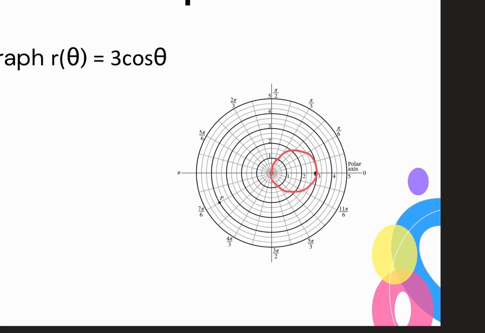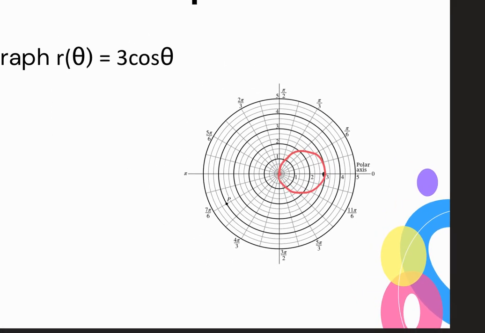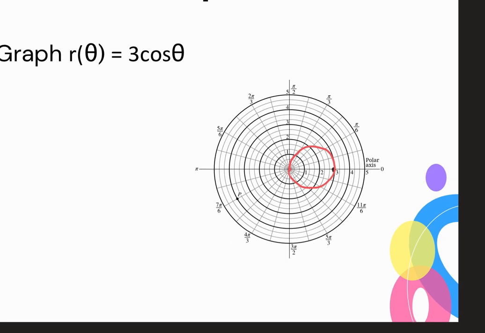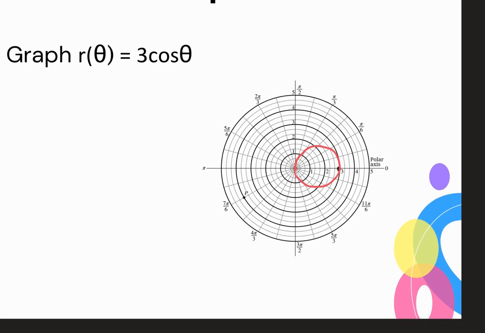If that was negative, it would go left. If it was sine, it would go up. If it was negative sine, it would go down. And again, we could just check a point by plugging in 0. 3 cosine 0, cosine at 0 is 1, so r is 3 when theta is 0. So that's how you can plot and double check.